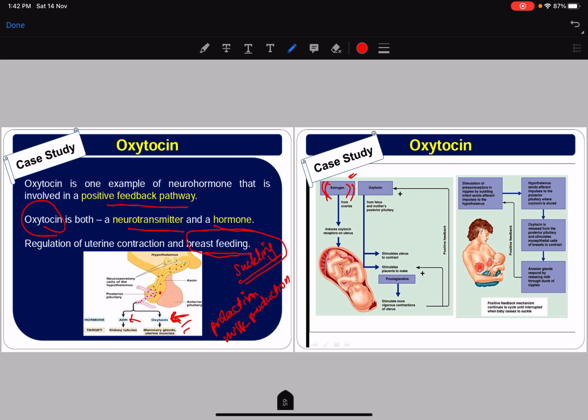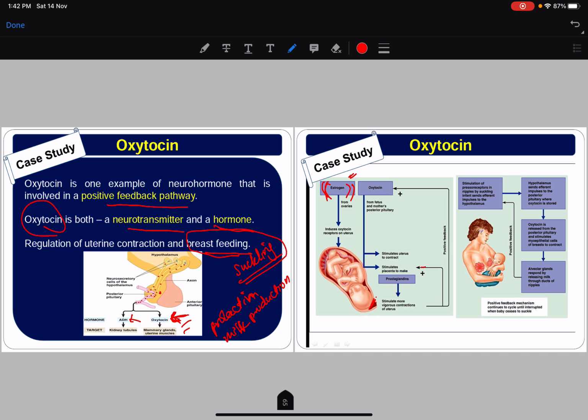The fetus here starts to send a pressure signal at the cervix here.